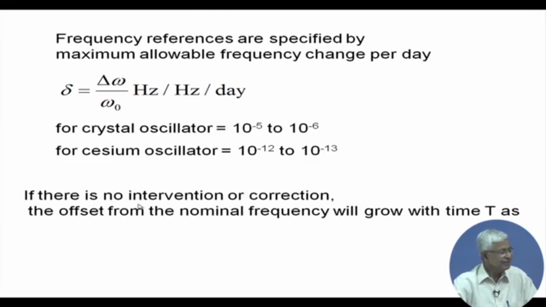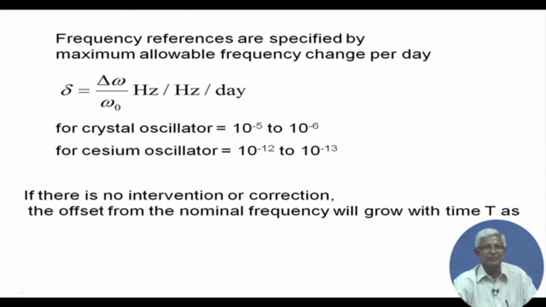Now, if there is no intervention or correction, one thing should be noted: this offset of the nominal frequency will grow with time. If time grows, meaning the correction will be applied after some time, then as the time elapses, this error or offset will grow.